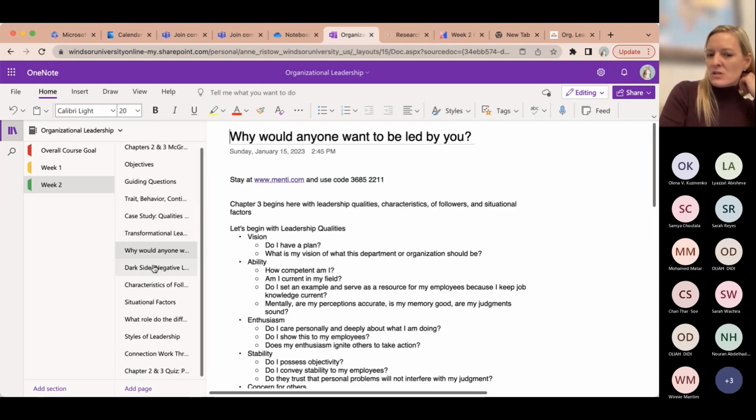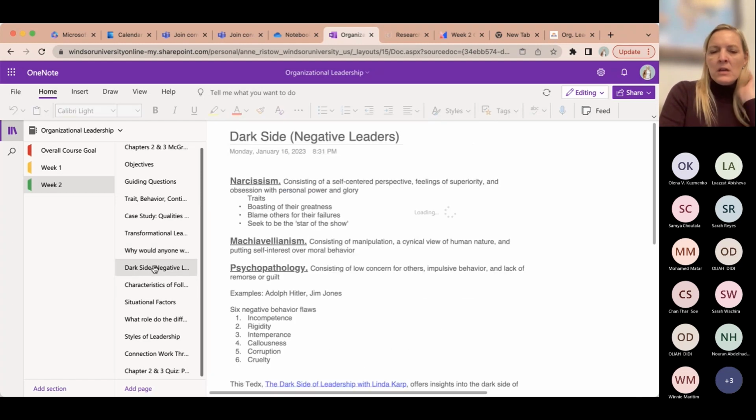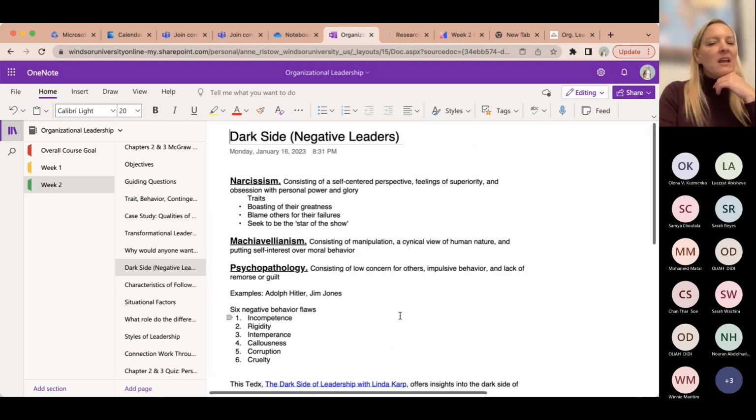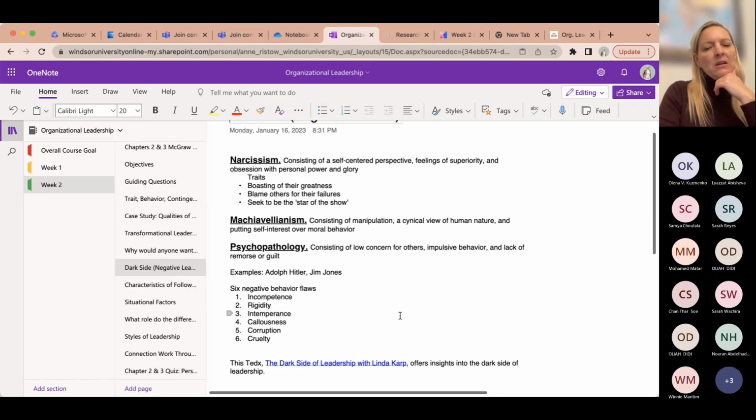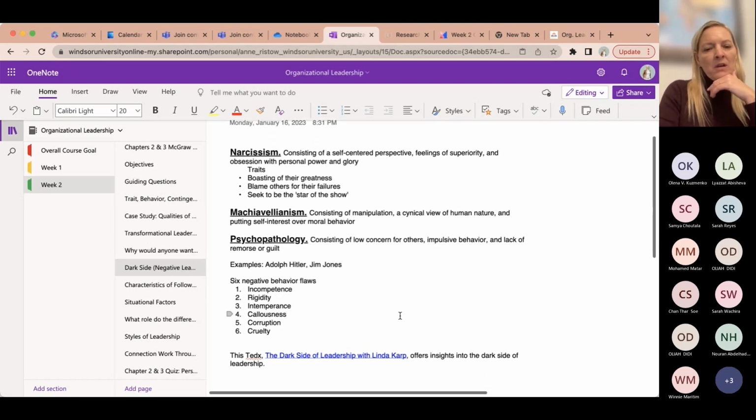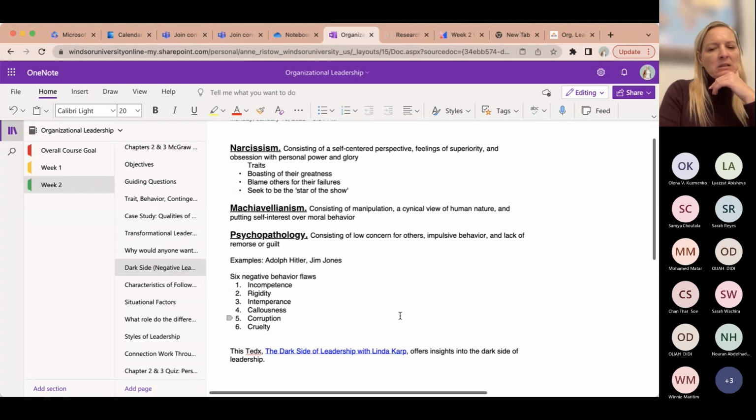So let's go into this dark side, the negative leaders, when we experience some narcissism. And when we look at that manipulation or cynical view of human nature, putting one's self or interest over their moral behavior, when we look at low concern for others or impulsive behaviors, lack of remorse or guilt.